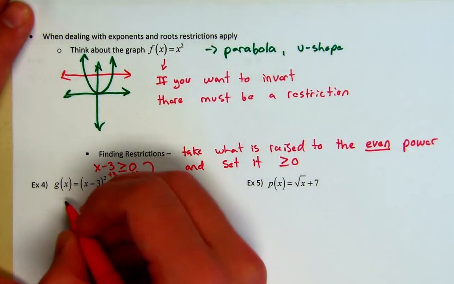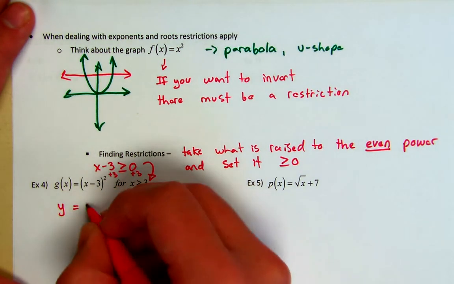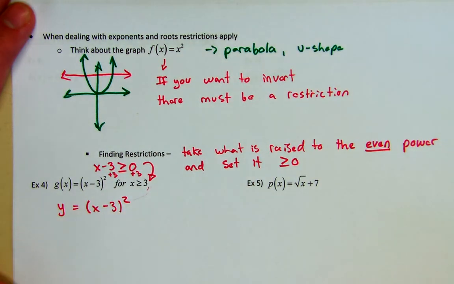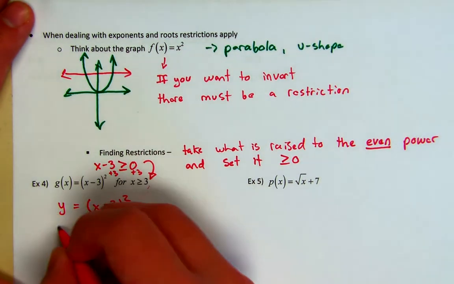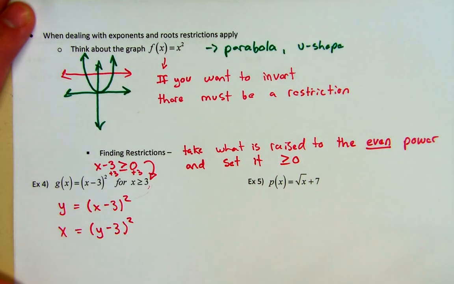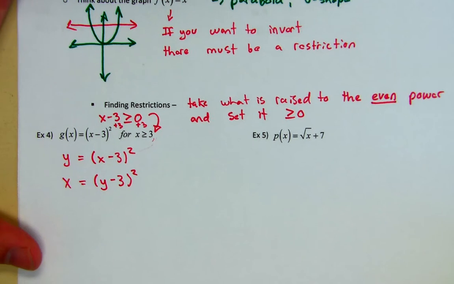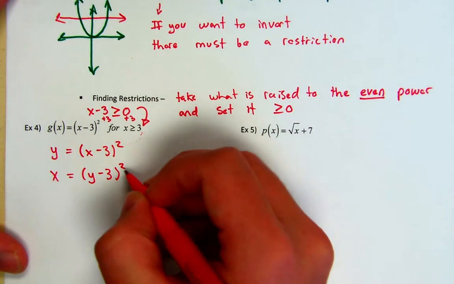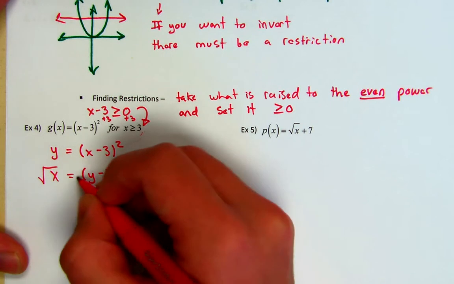So now, since there is a restriction, I can go ahead and find the inverse for this function. So replace g of x with y, so y equals x minus 3 squared. Now I'm going to switch x and y. x equals y minus 3 squared. Now recall back from last semester, to get rid of a squared power, a power of 2, we need to square root both sides.